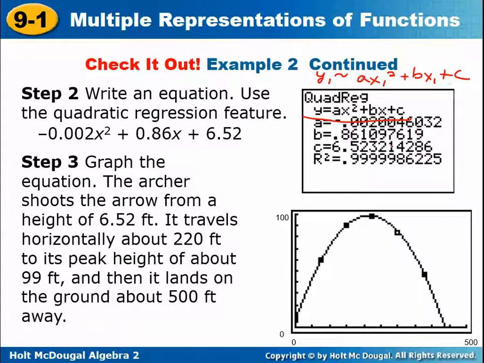And then that runs the quadratic regression, and we can see if it fits the data well, and it will, and we can find that it's about 500 feet. Otherwise, it's very difficult to get this equation without using technology.